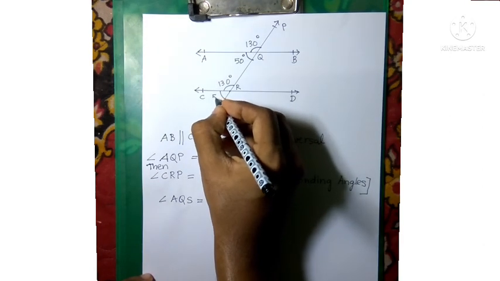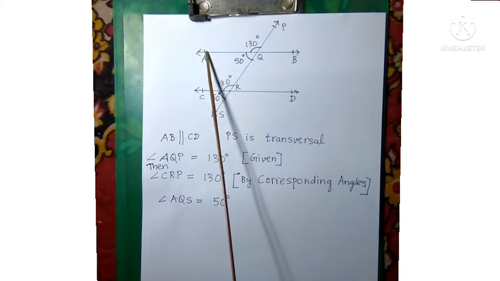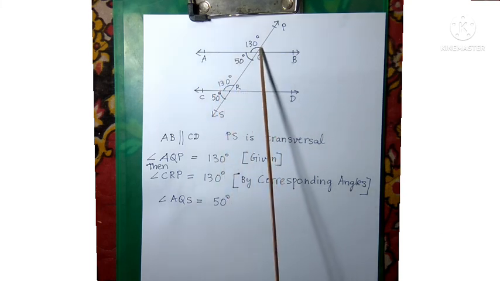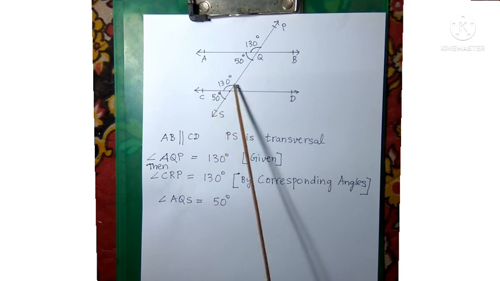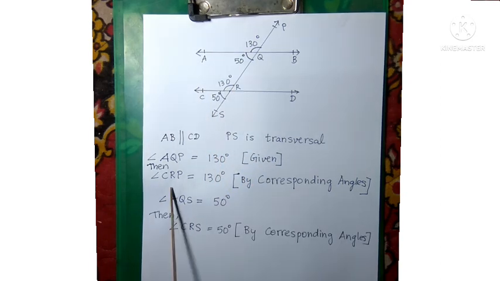This angle will also be 50 degrees because angle AQS is on the bottom of point Q and angle CRS is on the bottom of point R. So in this way, we found out how to make use of this corresponding angles axiom.